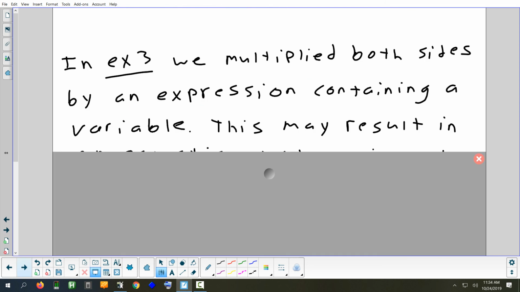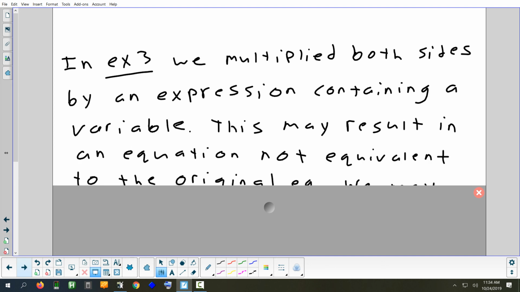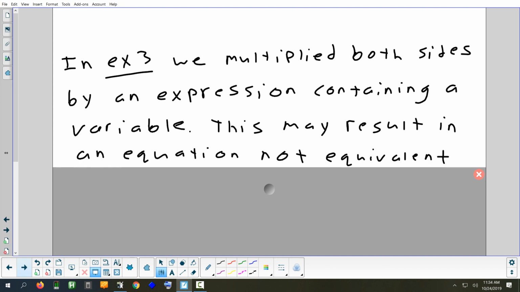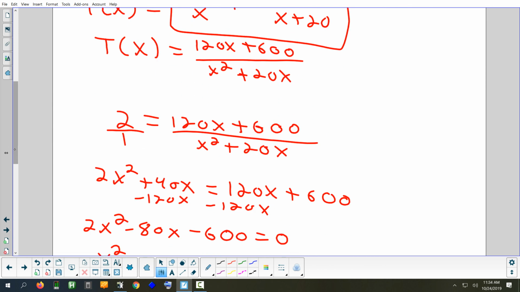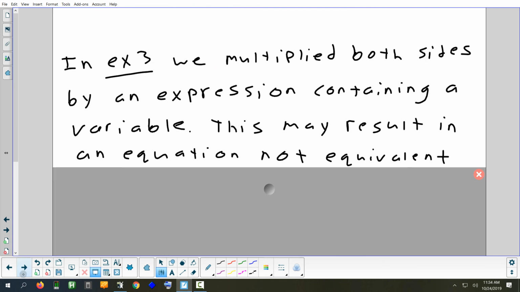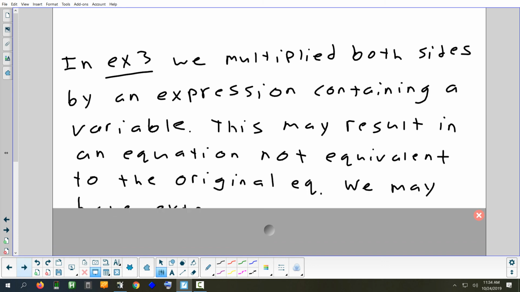So, in that example, we did something that we have to be careful about. We multiplied both sides by something with a variable. If you remember, we made it like a proportion. We multiplied both sides by x squared plus 20x. Now, we've got to be careful because that can create extra answers in the problem.